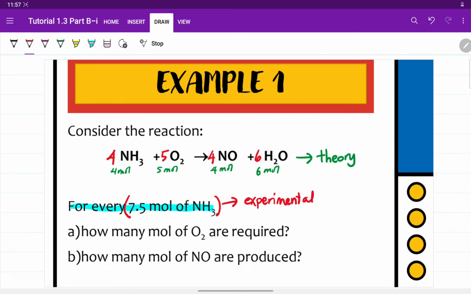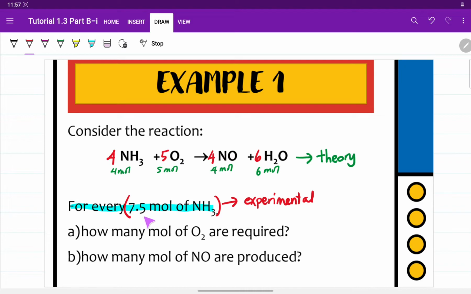Jadi soalan yang pertama, kalau kita guna 7.5 mole of NH3, how many moles of O2 are required? Kalau guna 7.5 mole of NH3, berapa oksigen yang diperlukan juga untuk reaction ni? Itu yang pertama. Yang kedua, how many moles of NO are produced if we have 7.5 mole of NH3?